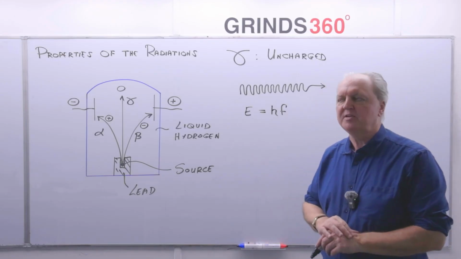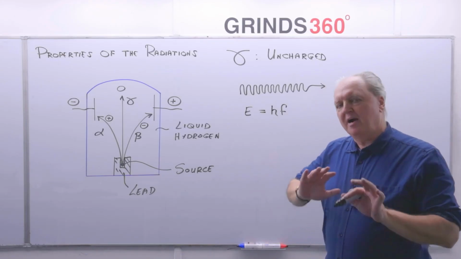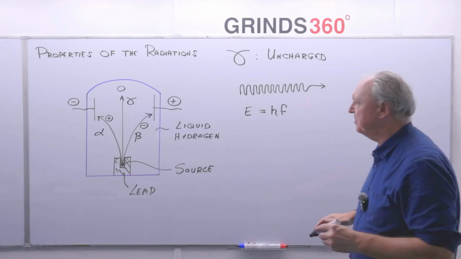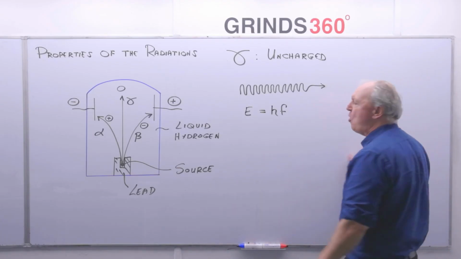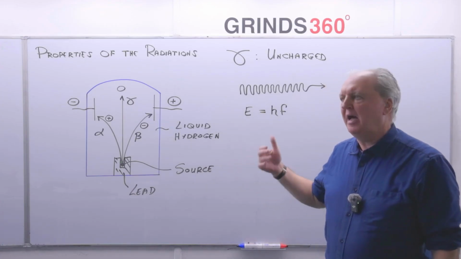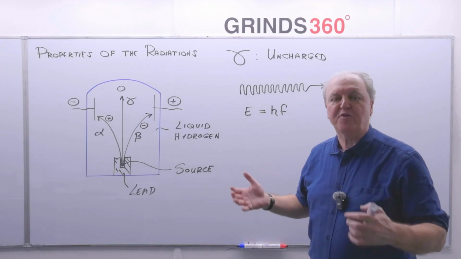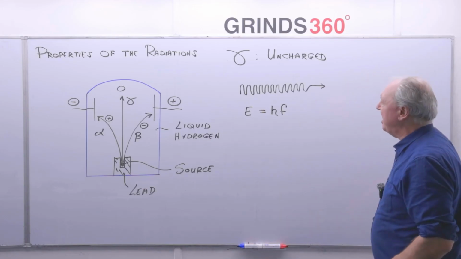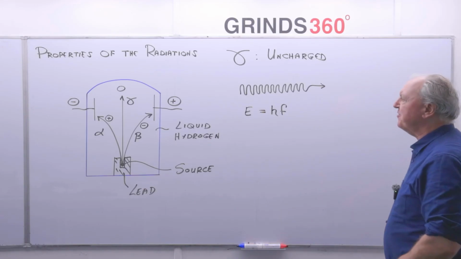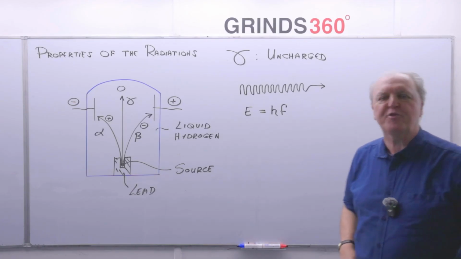They can creep through air with hardly any interaction. So they have a very, very low ionizing ability. They only occasionally encounter an air molecule, and therefore they will ionize it. So they have a very, very low ionizing ability, and therefore a very high penetration power.